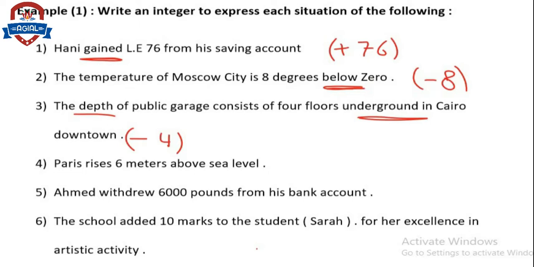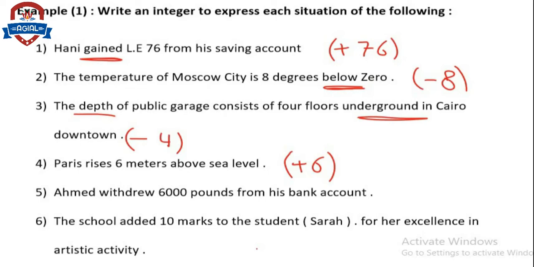Number 4, Paris rises 6 meters above sea level. And now, guess the answer. So we have +6. Number 5, Ahmed withdrew 6,000 pounds from his bank account.